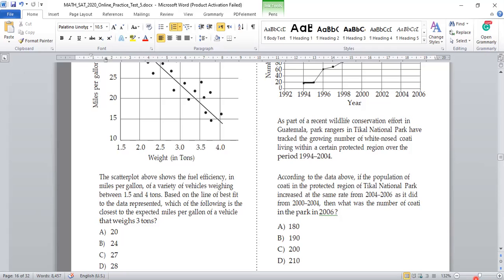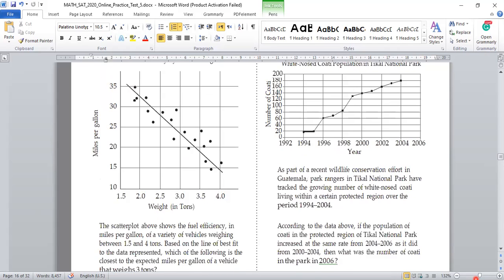But anyhow, your choice is... my choice, 24, B. Yes, it cannot be 20, it cannot be 27, it cannot be 28. So what do we have left? Only the 24, which is less than 25 and greater than 20. Anyhow, it seems to be a good answer.